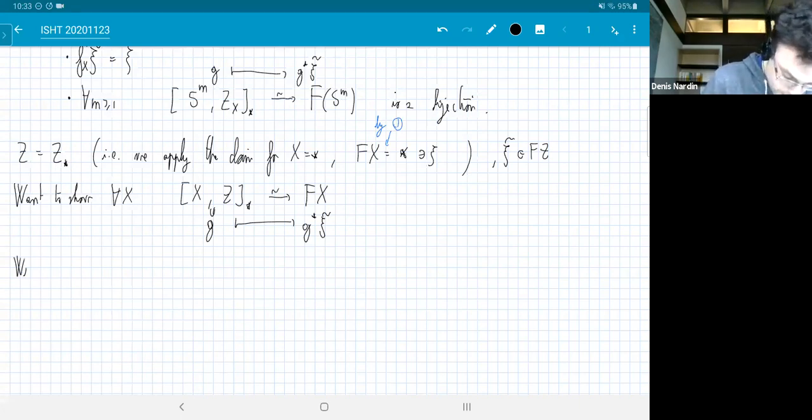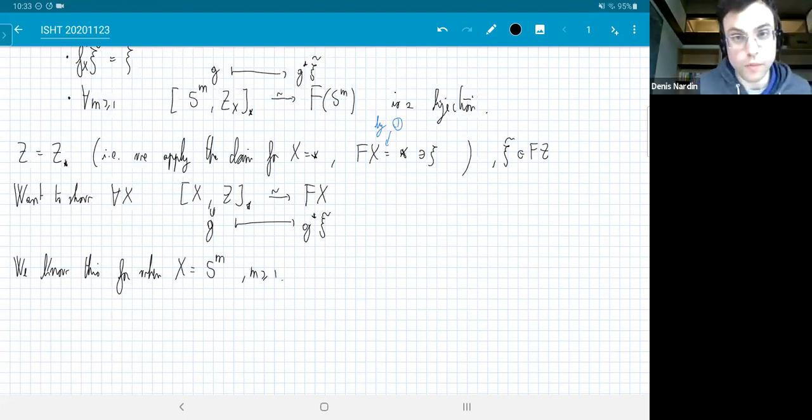We know this when x is a sphere, and we want to prove it for all x's.